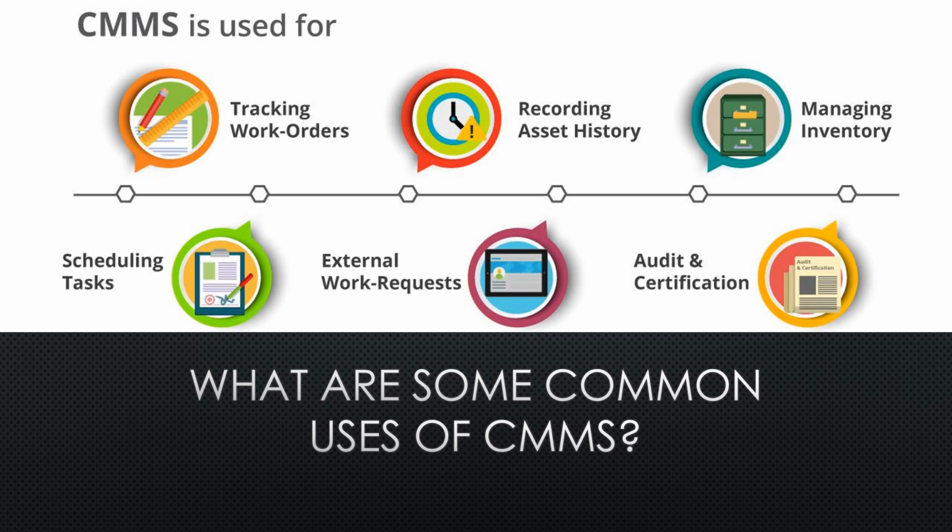You may be wondering what exactly CMMS applications are used for. As this graphic says, it's used for tracking work orders, recording asset history, and scheduling tasks. I think the most important aspect of this tool is the scheduling tasks aspect of it.